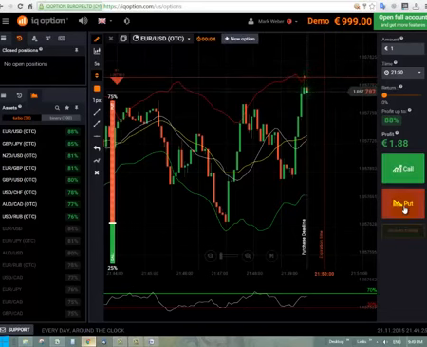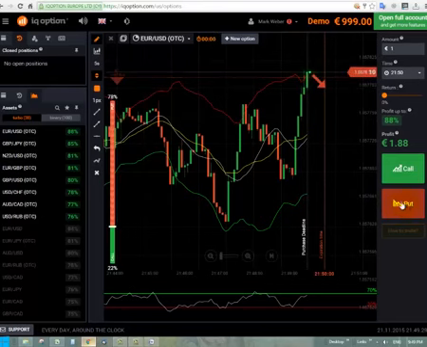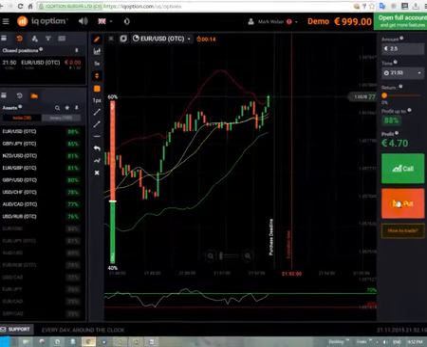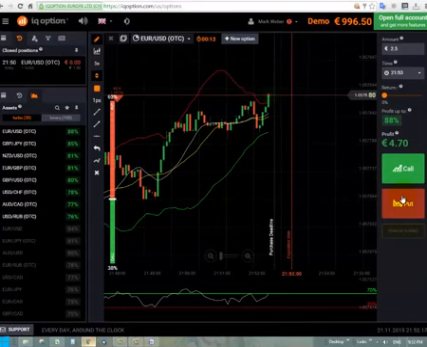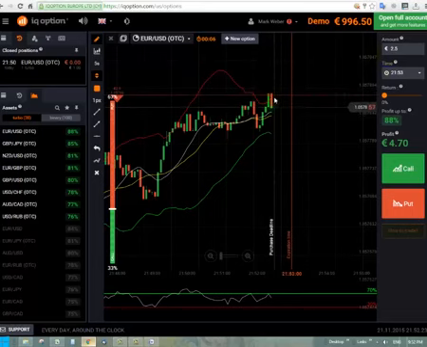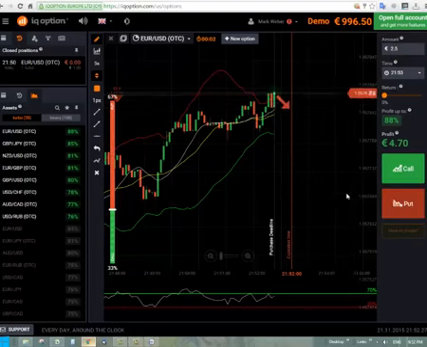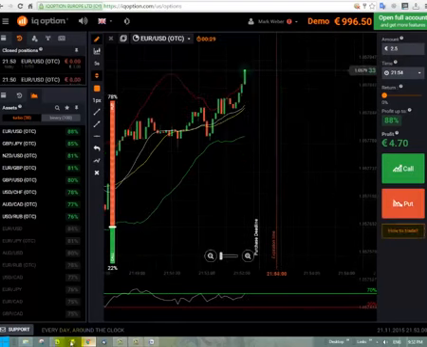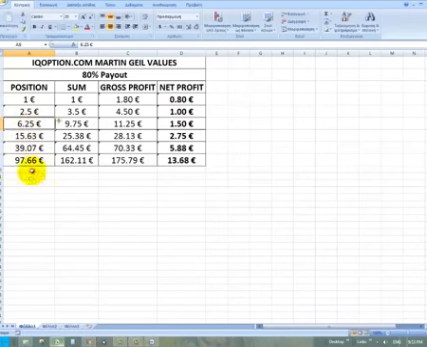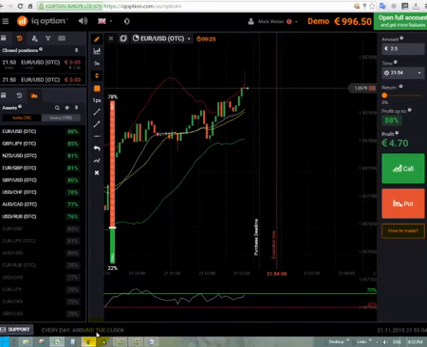Now we hit the upper line, so we made a put position. Now that the price went up the band, we put the position of 2.5 for a put. We will open a third position of 6.25.